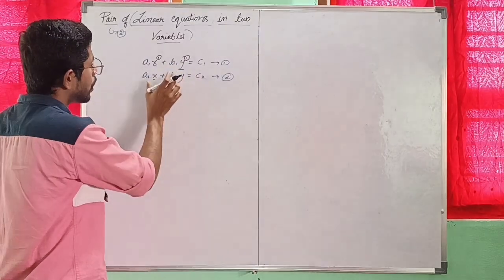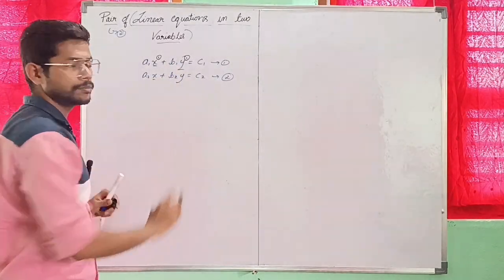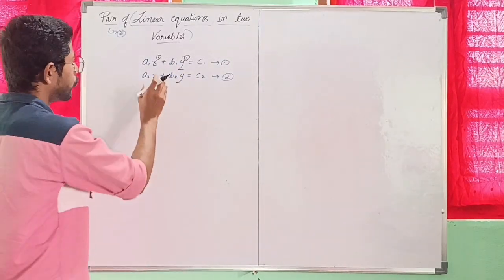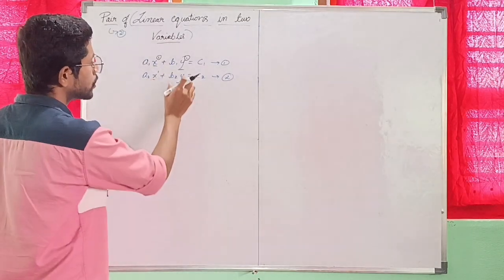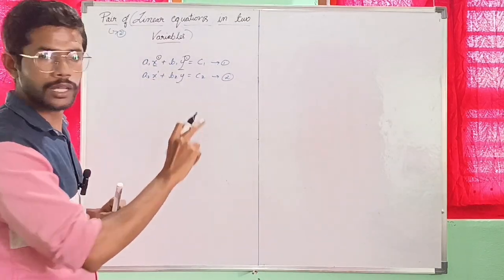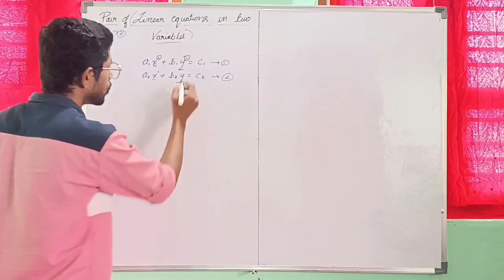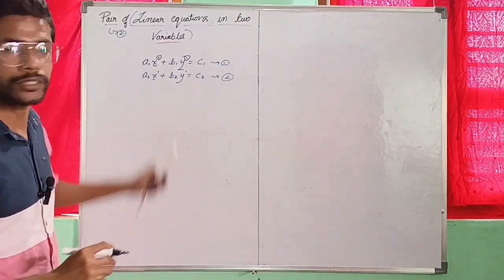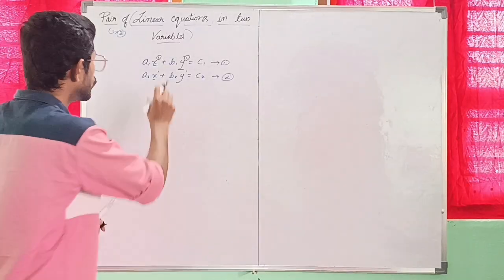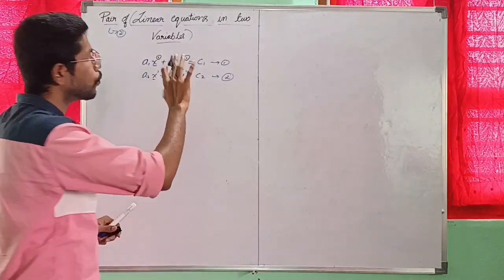What is the highest power of the variable x in equation 2? That is 1, right? What is the highest power of y in equation 2? That is also 1. So this is what a linear equation is, which consists of two variables x and y.